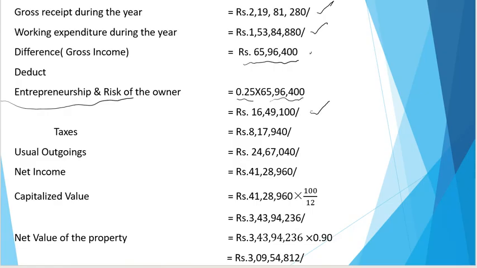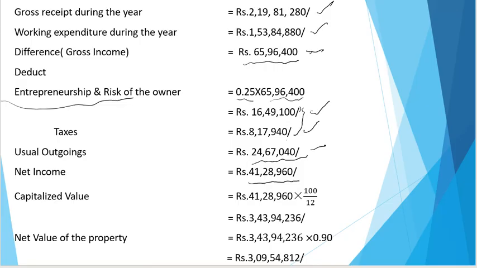Taxes are also given as 8 lakh 17,940. So for the usual outgoings, you add these two: 16 lakh 49,100 plus 8 lakh 17,940 is 24 lakh 67,040. You deduct the outgoings from the gross income and you will get the net operating income as 41 lakh 28,960.